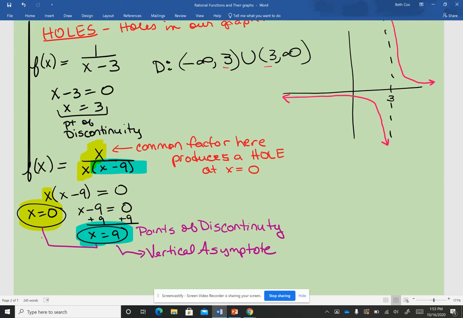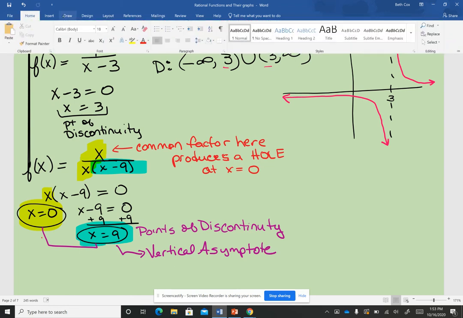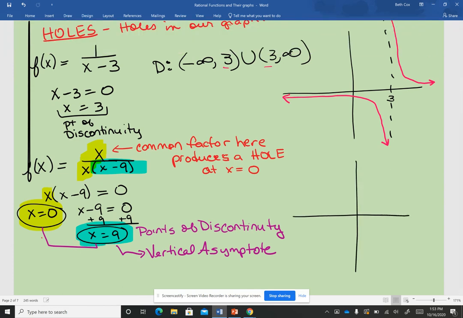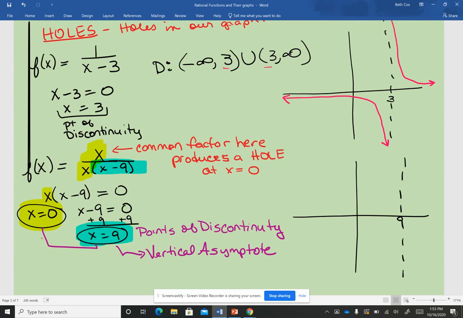Okay. So let me show you what this one looks like. So we have our x-axis and our y-axis. Now you're not going to have to do this just yet, but just let me show you so you can kind of see what I'm talking about. Now I've got a vertical asymptote at 9. Okay, and this is what this guy's going to look like, and I just know this.